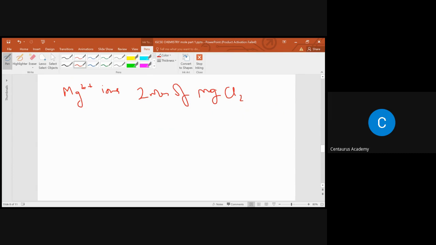How are you going to find this? How many magnesium ions are present? You have to find out the number of particles: magnesium ions in 2 moles of magnesium chloride.